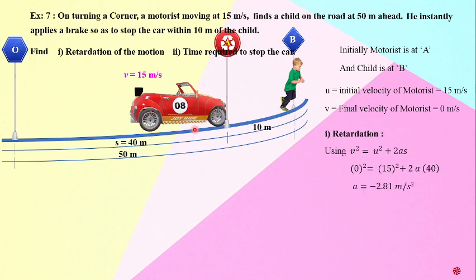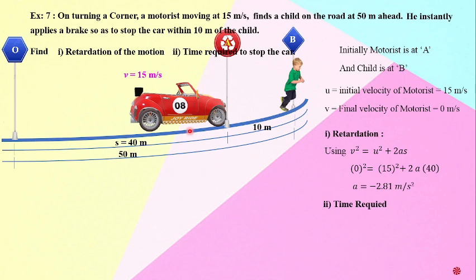Simplifying it, I got a value of acceleration equal to minus 2.81 meter per second square. This is how we find the retardation so that the car will stop within a reasonable distance from the child.